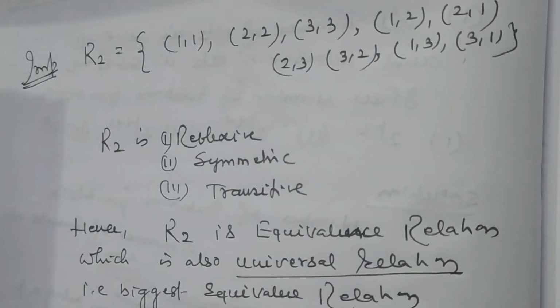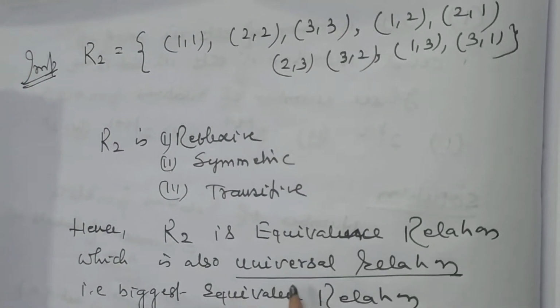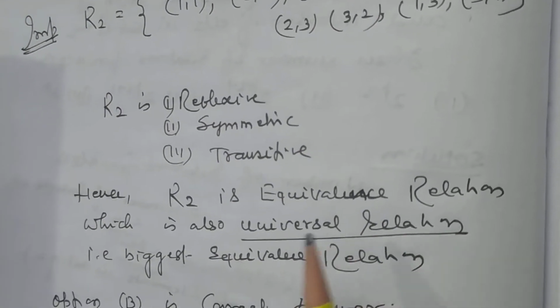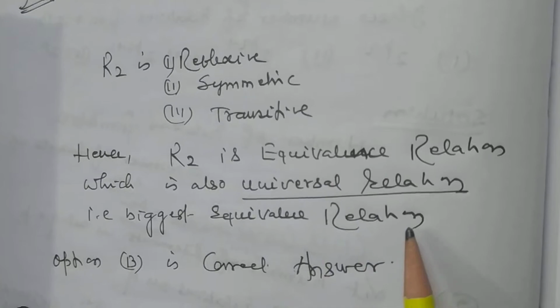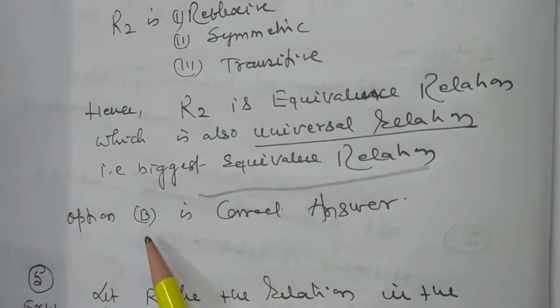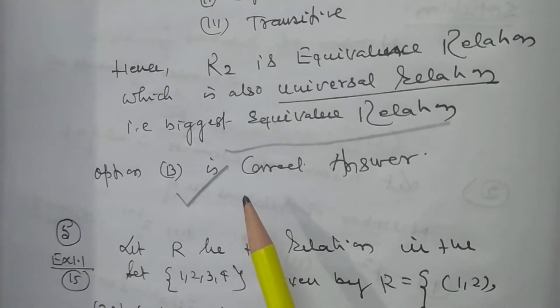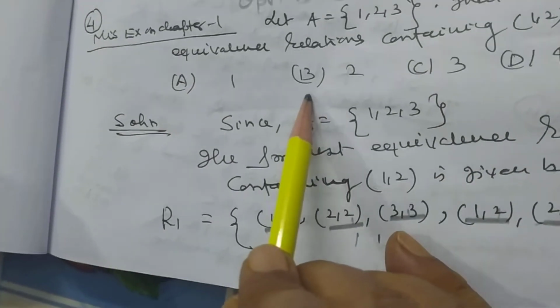So now, hence R2 is an equivalence relation, which is also the universal relation, the biggest equivalence relation. And now option B is correct. Option B is correct.